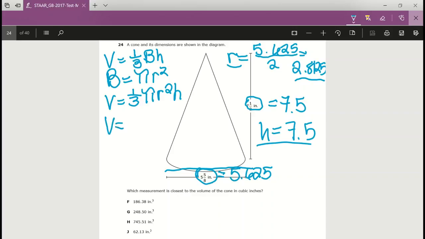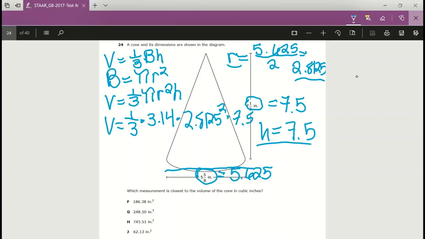So volume equals 1/3. I'm going to change pi to 3.14 times my radius, which is 2.8125 squared, times my height, which is 7.5.